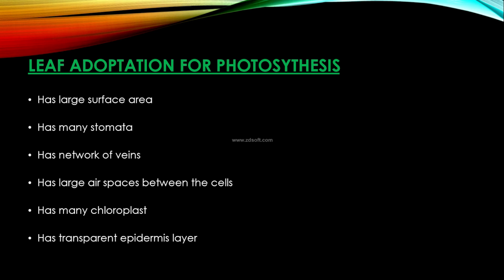A leaf has a large surface area, and this large surface area is there to absorb as much light as possible. Then there are also many stomata. Many stomata are there to allow carbon dioxide to enter the leaf from the air. That's the function of the stomata, allowing carbon dioxide to enter the leaf from the air.